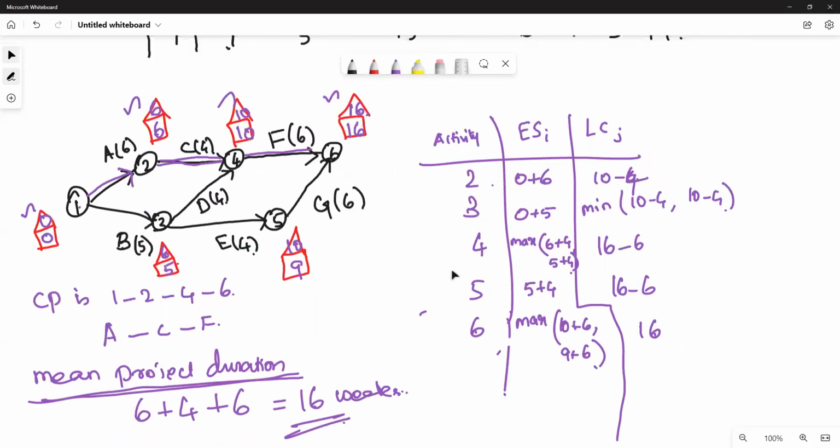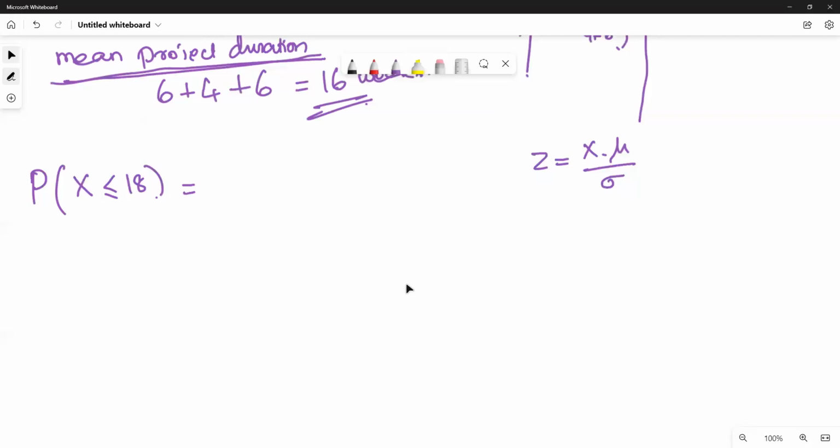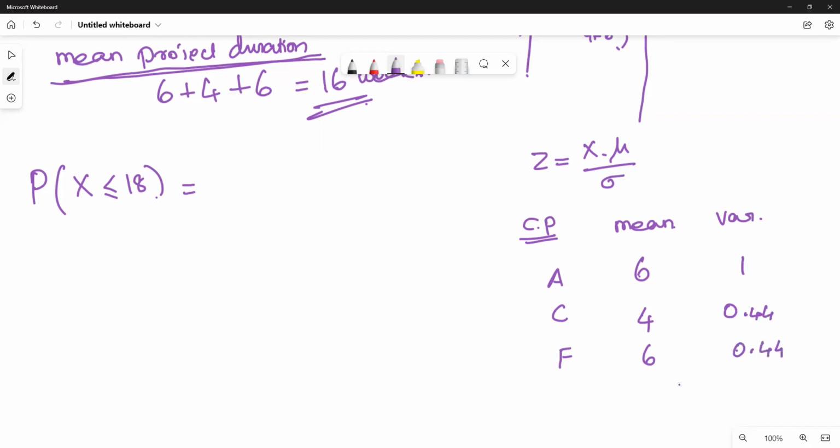For that critical path, let me find the mean and standard deviation. The critical path is A to C to F. Mean at A it is 6, C it is 4, F it is 6. Variance at A it is 1, at C it is 0.44, at F it is 0.44.